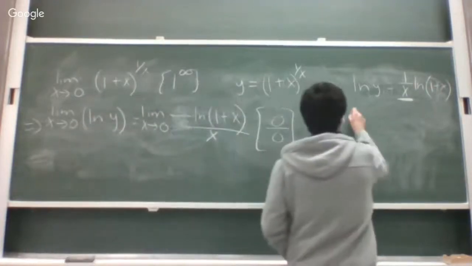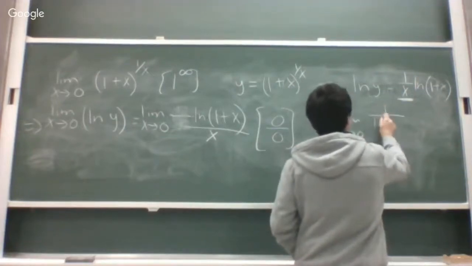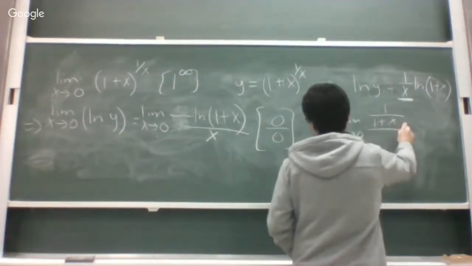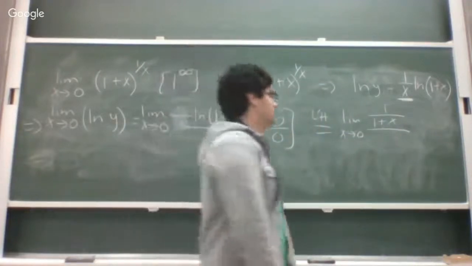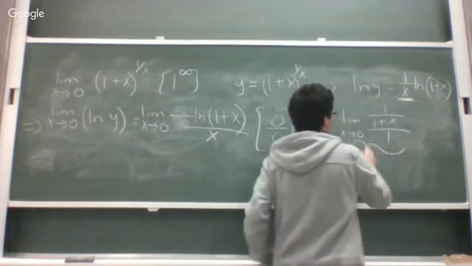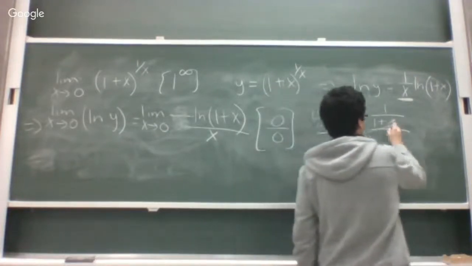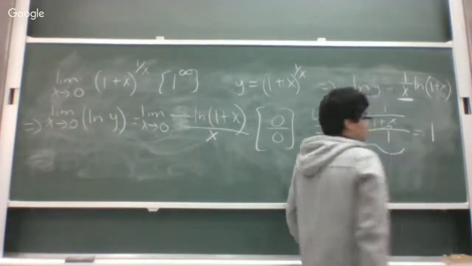So that's equal to the limit as x approaches 0 of 1 over 1 plus x divided by the derivative of x, which is just 1. So for this whole part, if we plug in a 0 for x, we get 1 as an answer.